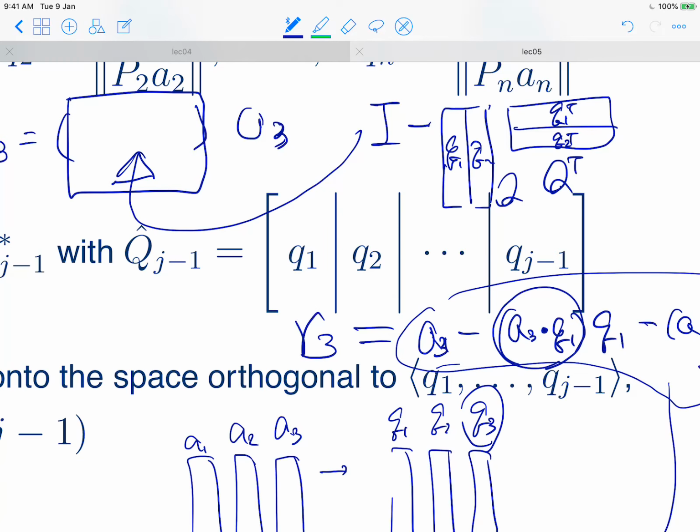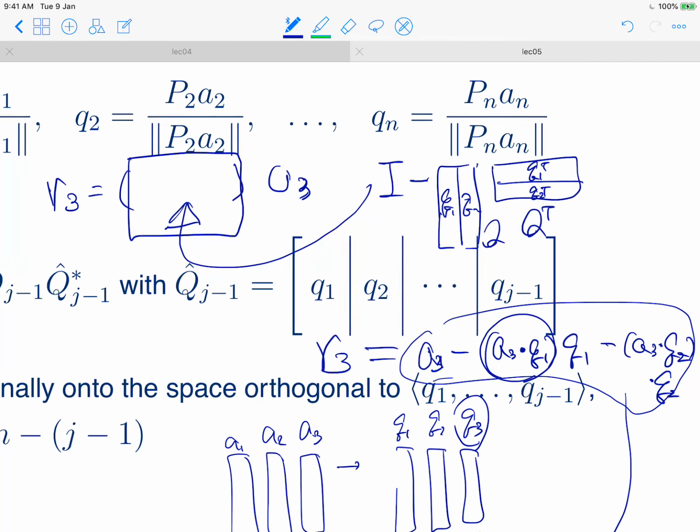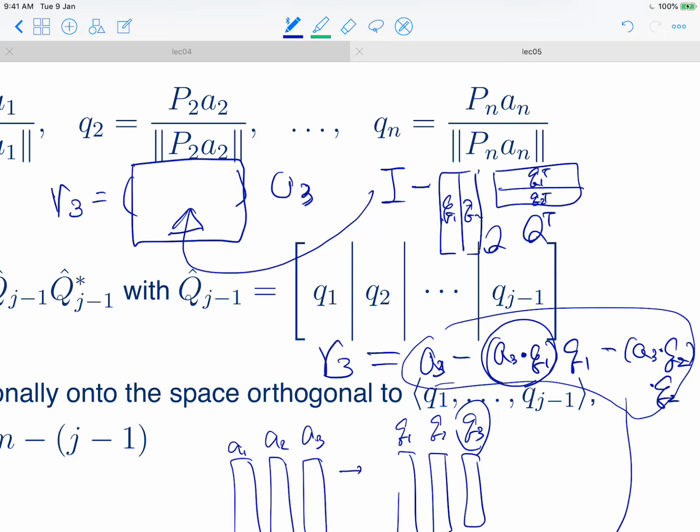So we can understand the process of obtaining the remainder part as just the orthogonal projection onto the complementary subspace to this original projection of Q, whose columns are composed of the previously built orthonormal column vectors, right?